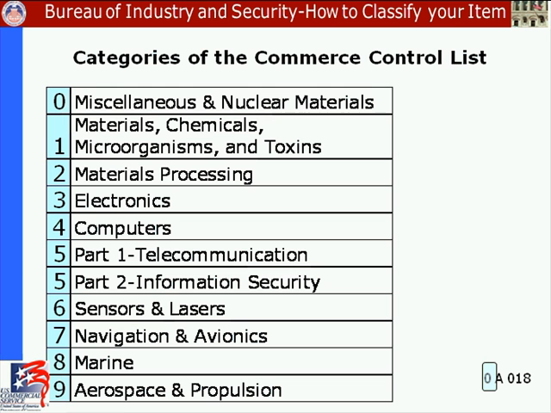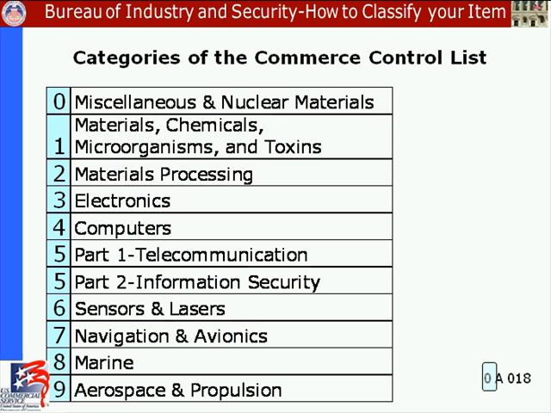For example, they are in Part 742.15. They are related to Category 5, Part 2. Let me repeat myself. The control on Category 5, Part 2 or Part 742.15 is very different from any other export control. Okay? And people are specialized in that. And if you have questions related to encryption, you can contact our encryption office. The phone number is 202-482-0707.